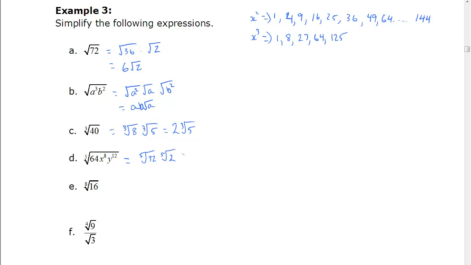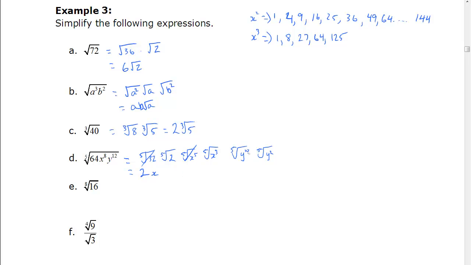X to the 8, well, that's the fifth root of x to the 5 and the fifth root of x cubed. Y to the 12, that's going to be the fifth root of y to the 10 and the fifth root of y squared. If we simplify this, this one's 2, so we took care of that one. Fifth root of x to the 5 is just x, so that one's gone.